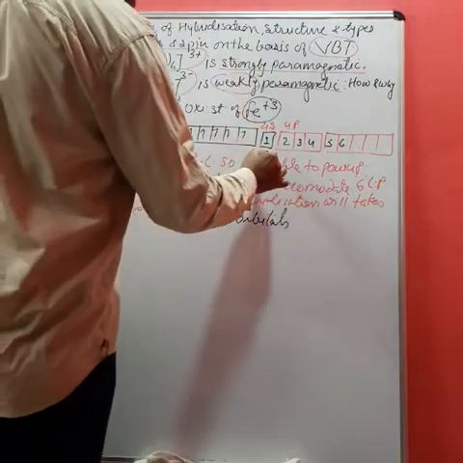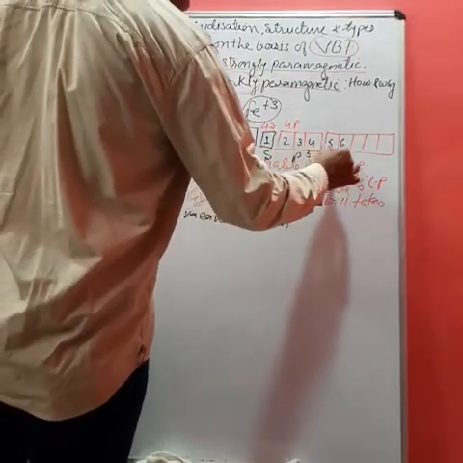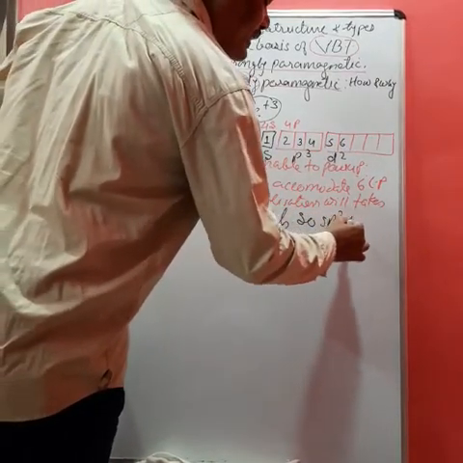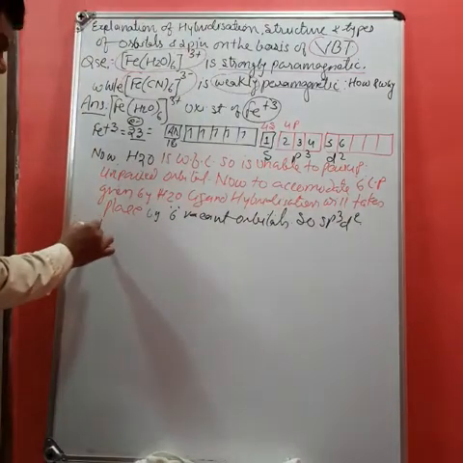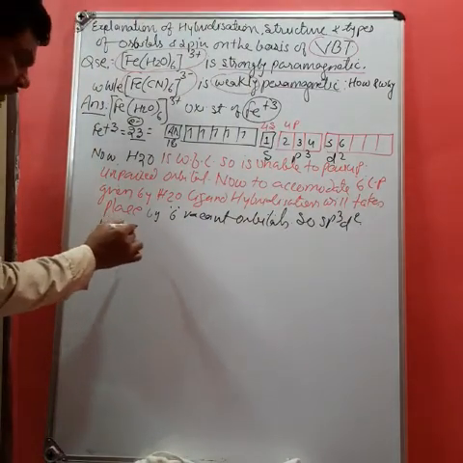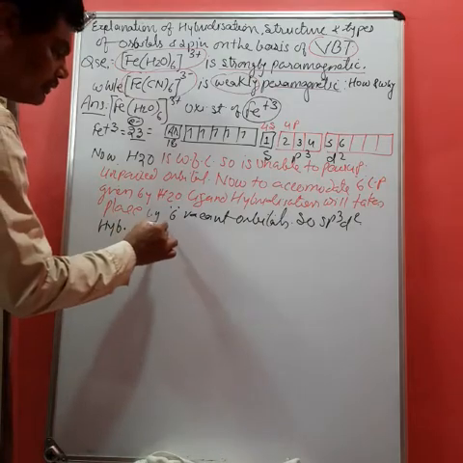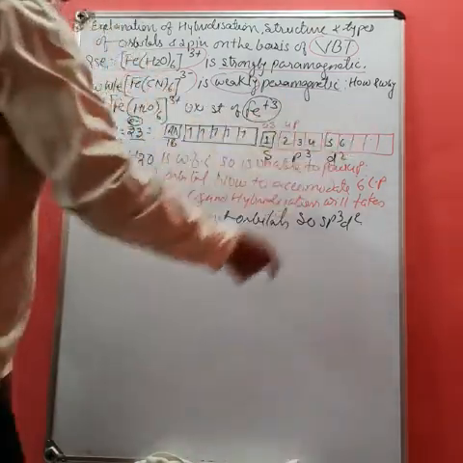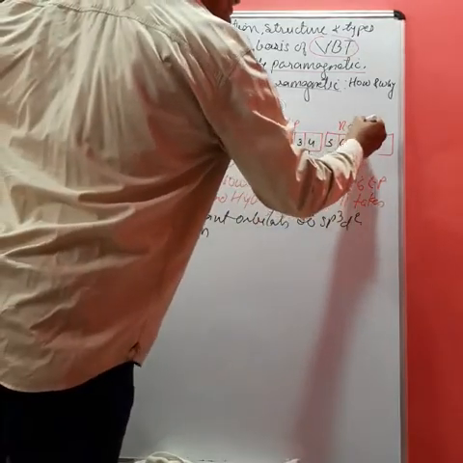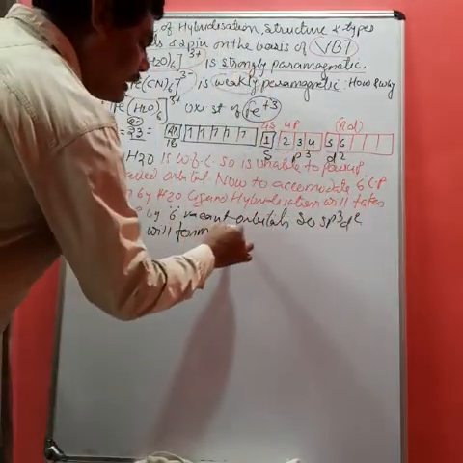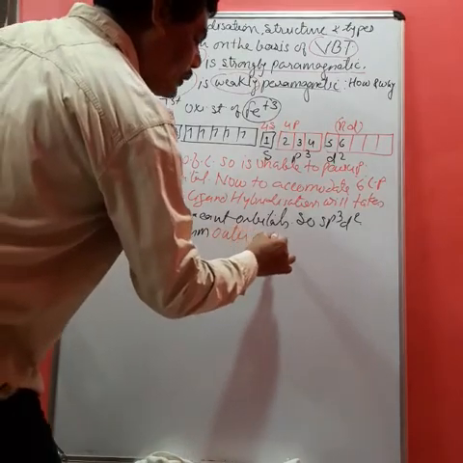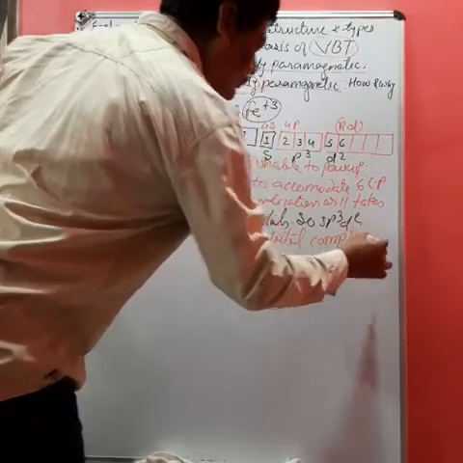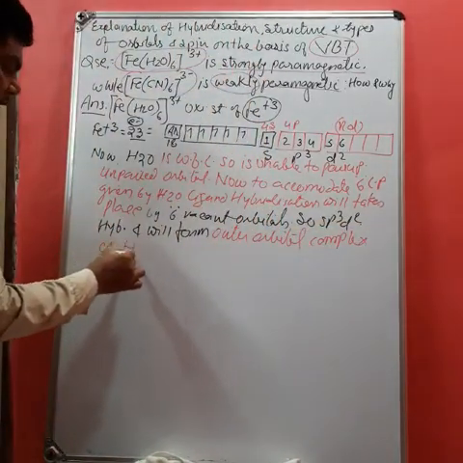You can write it as sp3d2. So sp3d2 hybridization will take place and will form, now this belongs to nd, therefore called an outer orbital complex of high spin.